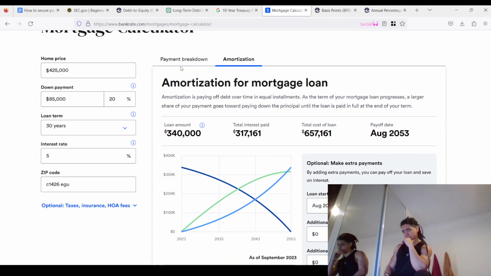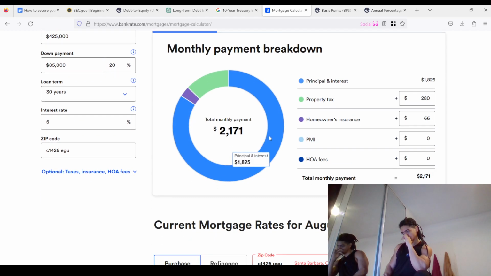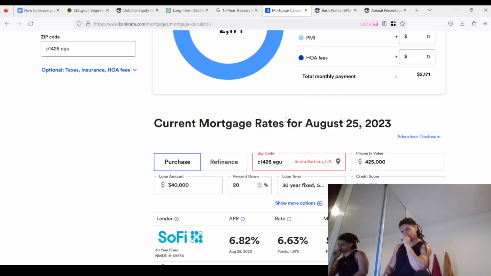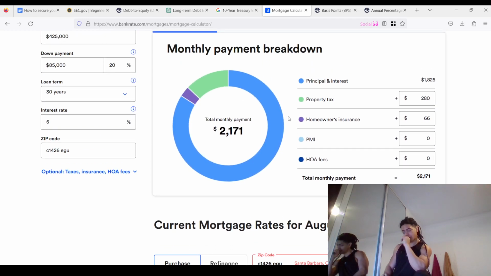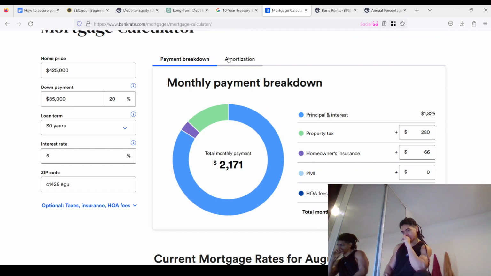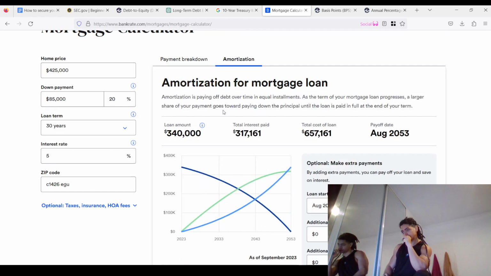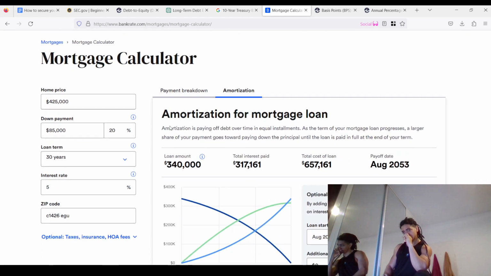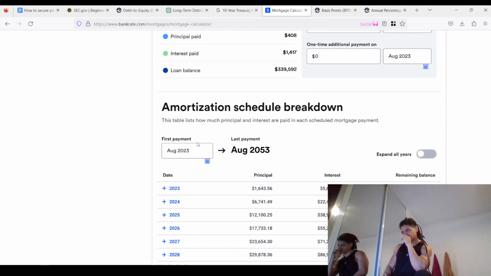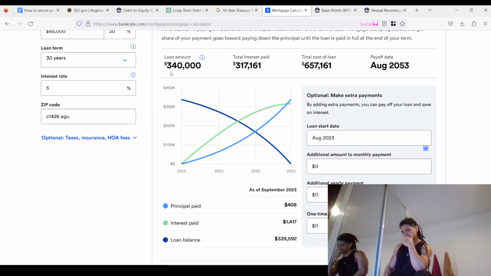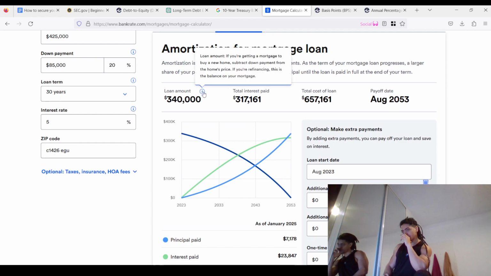Amortization for mortgage loan. Principal and interest, homeowner insurance, property taxes. Loan amount.